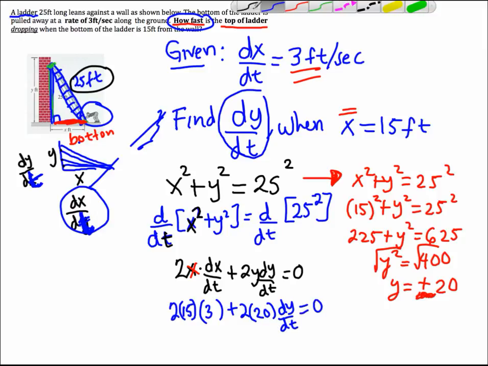Now, I have a common factor of 2. There's a 2 there, there's a 2 there. Well, I can just do this, and that will go away, and I still have 0 here.